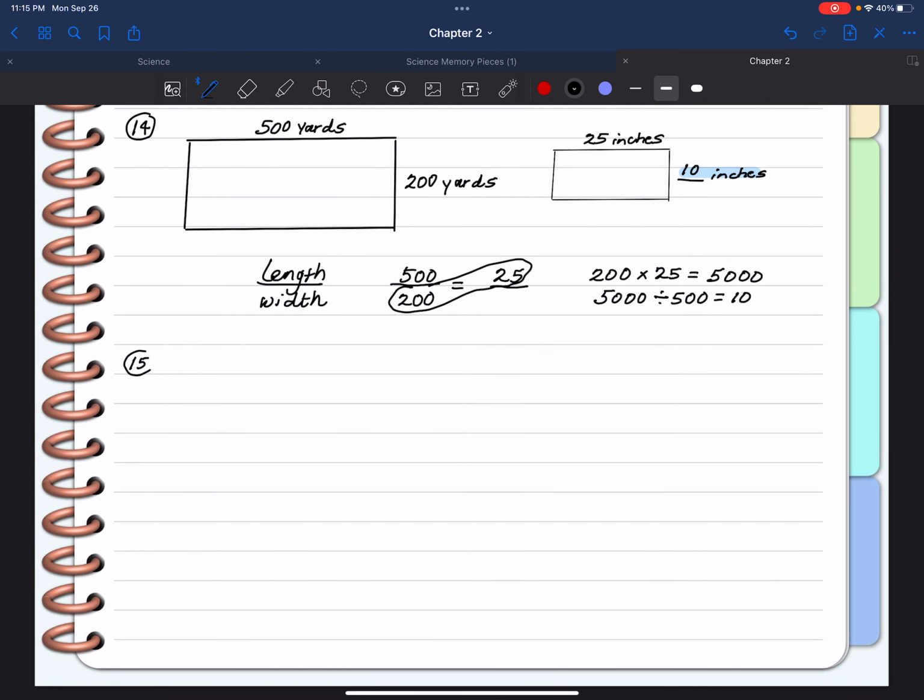Number 15. Oh boy, here's another marble problem. A bag has 5 yellow marbles.